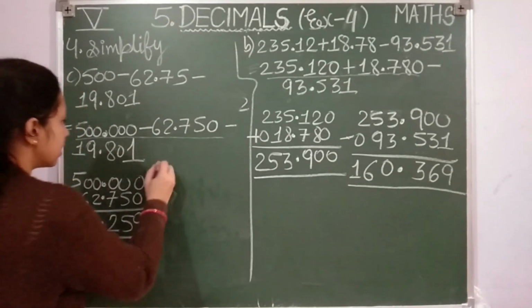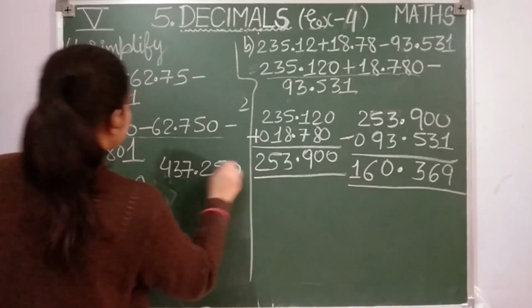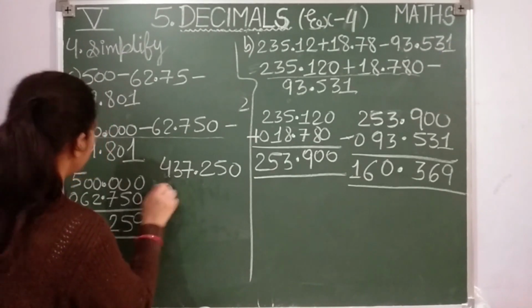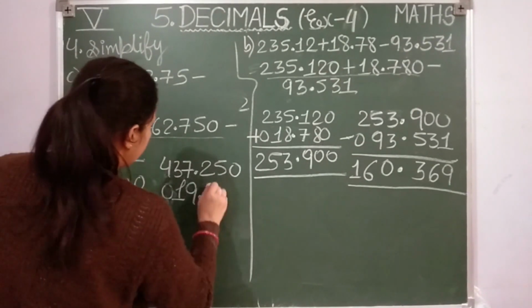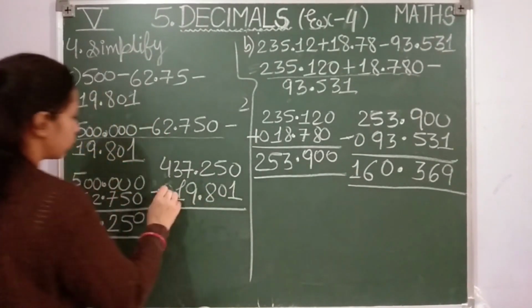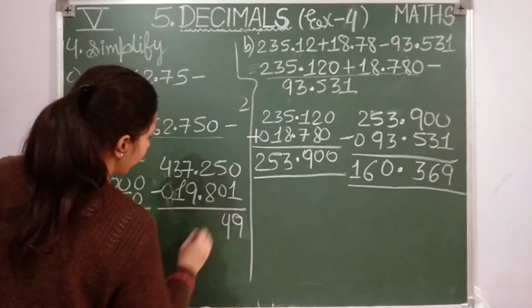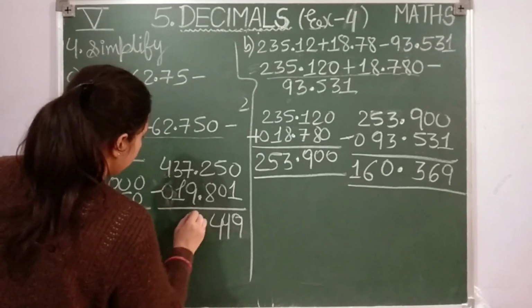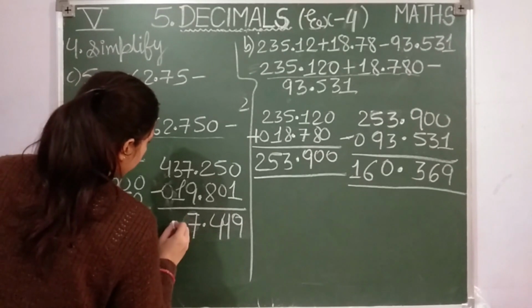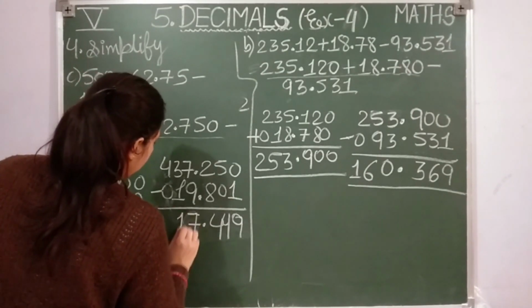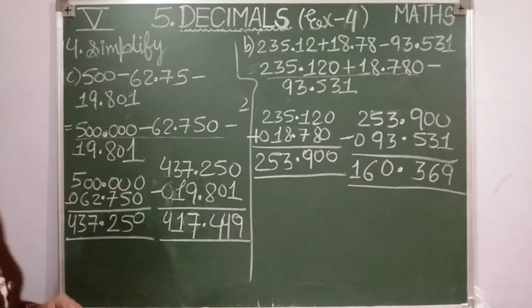Now this difference again we will write 437.250 and subtract with the next one, means this number 19.801. Let us subtract, students. 10 minus 1, 9, 4 minus 0, 4, 12 minus 8, 4, 16 minus 9, 7, then 2 minus 1, 1 and 4. 417.449 is our answer, students.